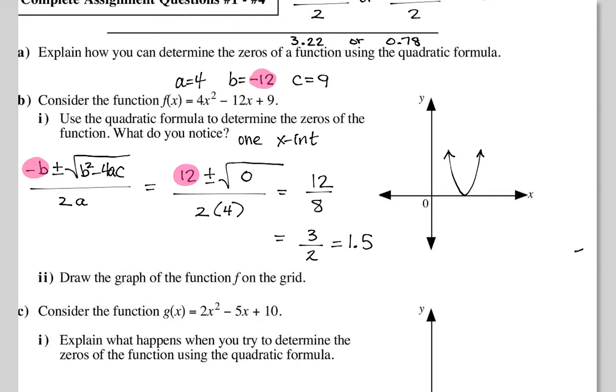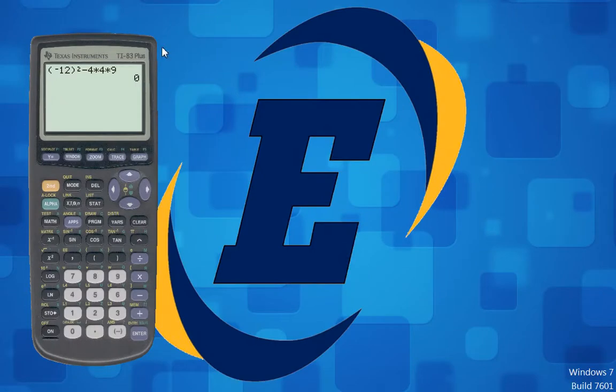And if you remember looking at our graphing calculator, it was exactly halfway between 1 and 2. So there's the 1.5 right there.